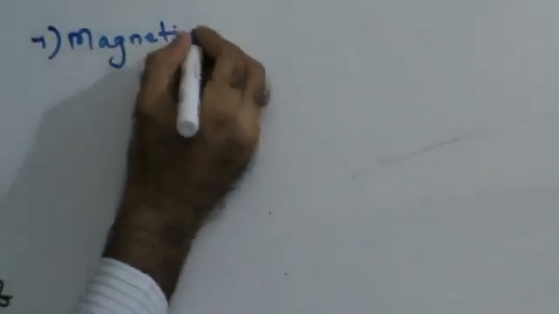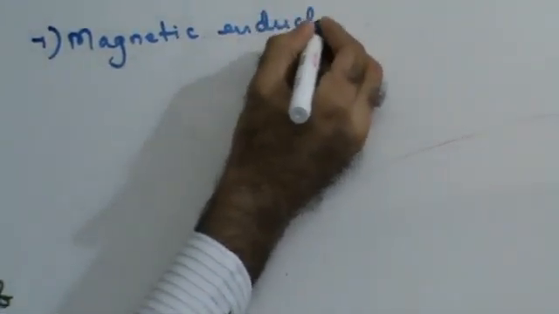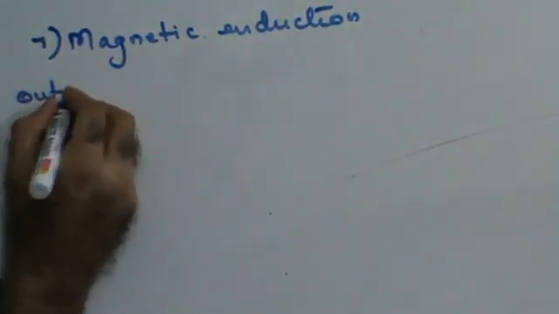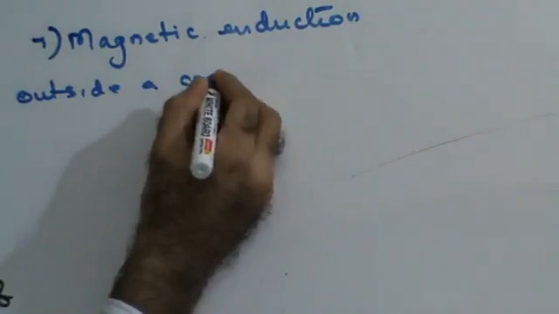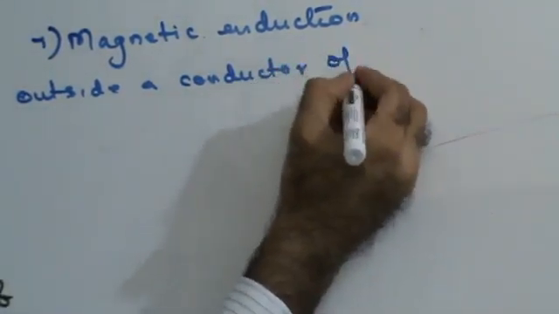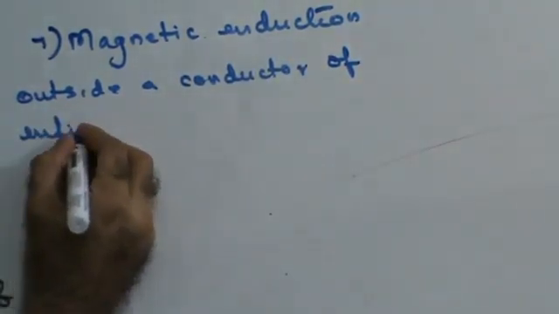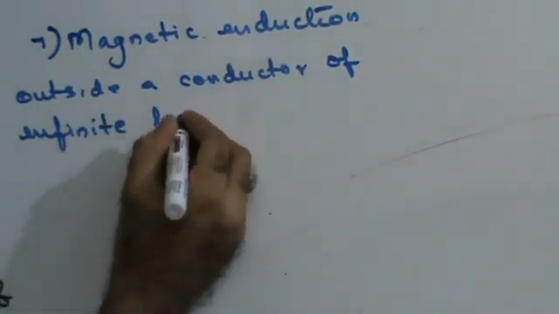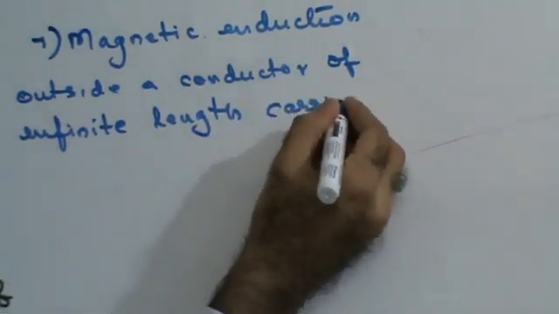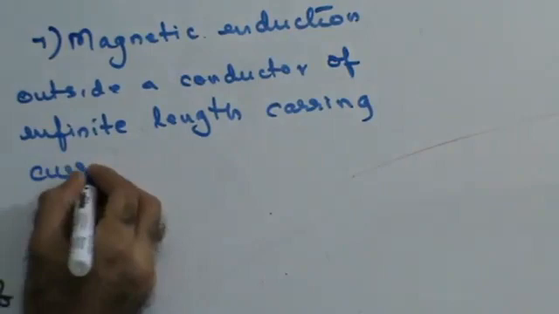Let's use Ampere's law to find the magnetic induction outside a conductor of infinite length carrying current.